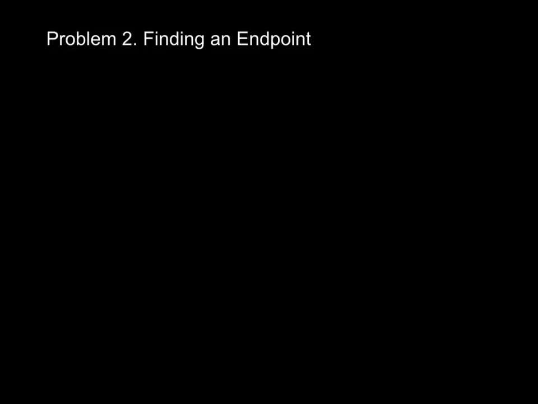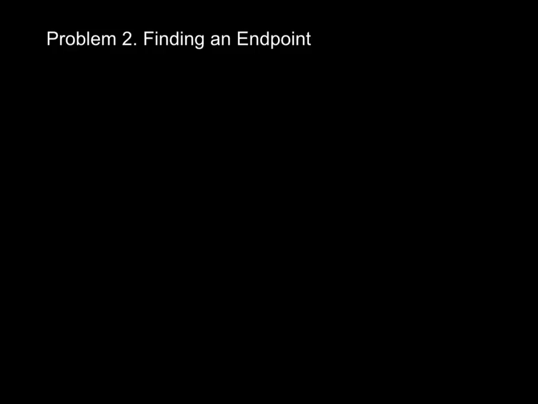On the top of page 477, it says, when you know the midpoint and the endpoint of a segment, you can use the midpoint formula to find the other endpoint. So if we look at the got it problem on problem 2, finding an endpoint, it says the midpoint of segment AB has coordinates 4, -9.